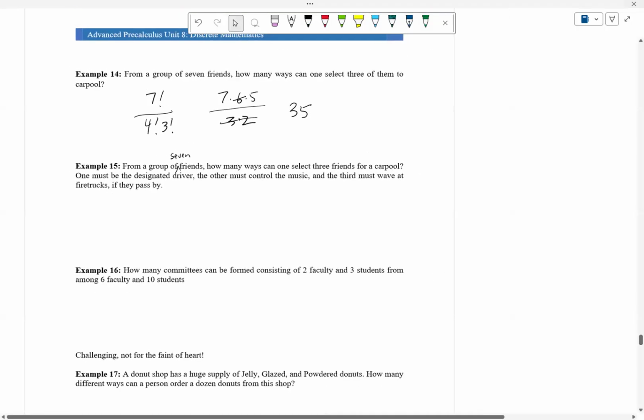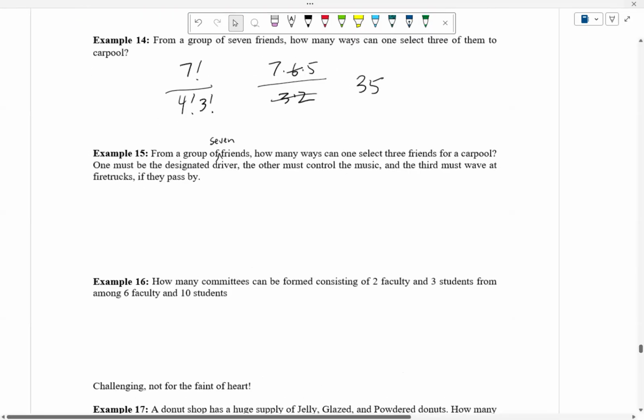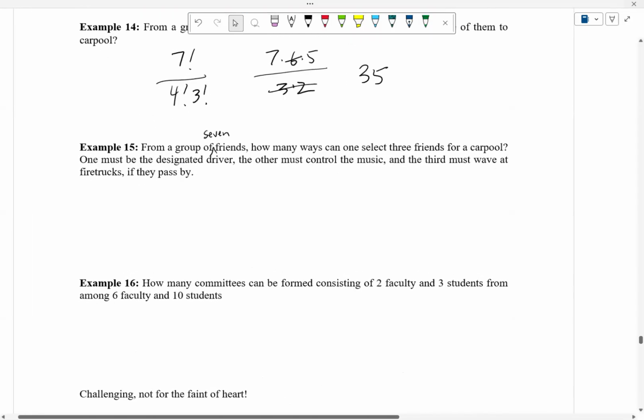So it's saying, okay, example 15. Why is it a combination? Still 3 people.